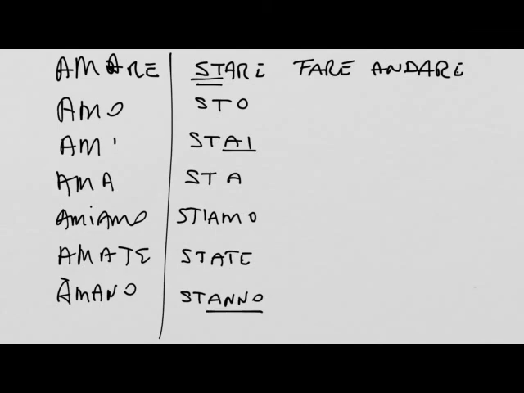Not all the endings are irregular. Some are perfectly identical to the regular pattern, but a couple of them are irregular. We call that an irregular verb because it doesn't follow the regularity. The irregularity can be either in the root or the ending, and we'll see.